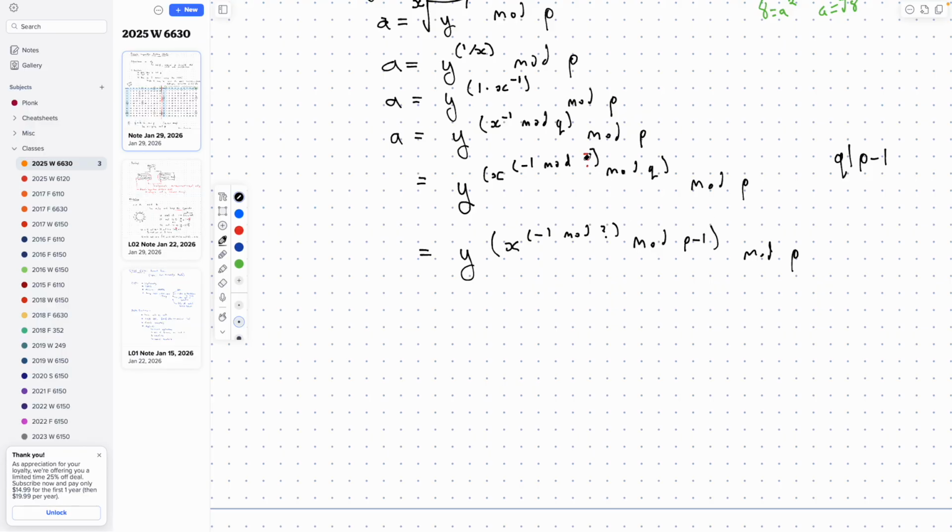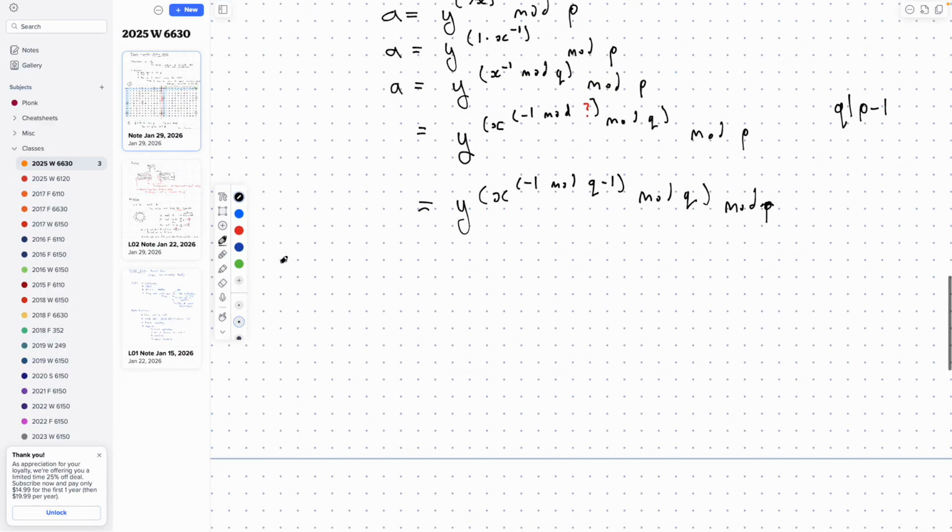So here, if I go back to this line, I can go q minus 1. Then I can do mod q, and then the whole thing is mod p. And so in general, that's always going to work.